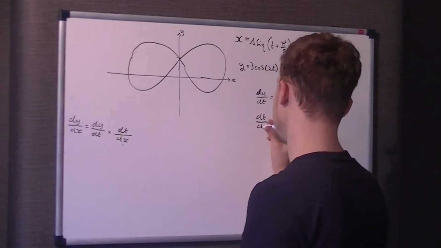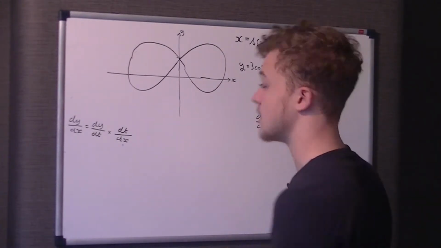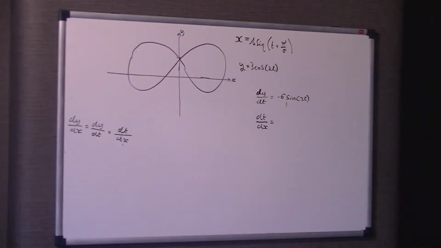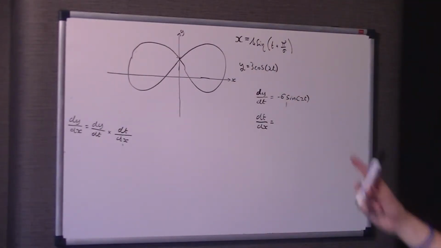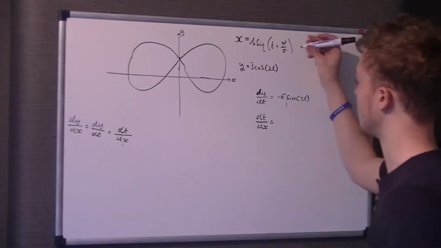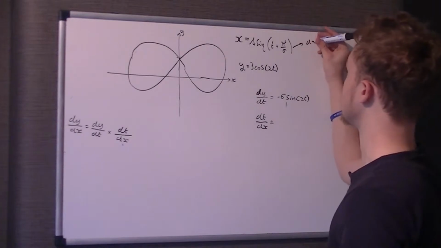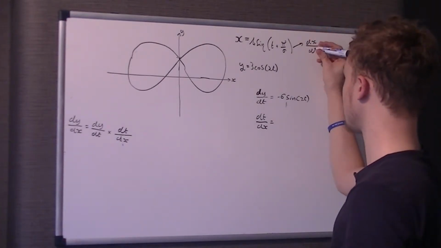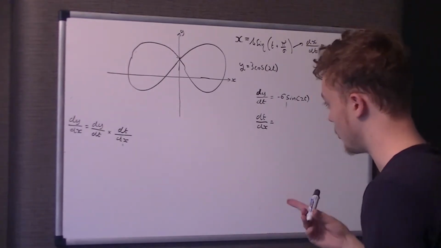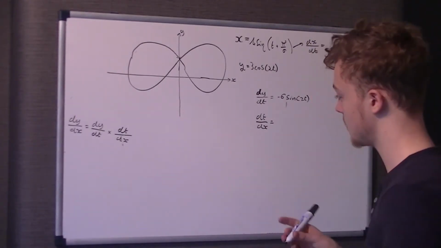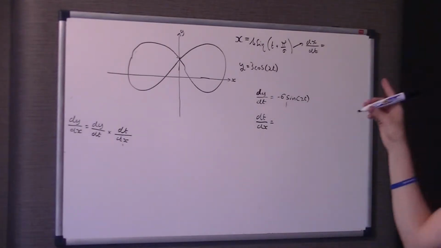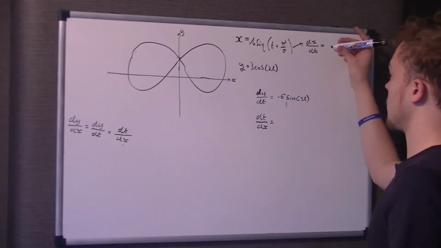Then we work out what dt/dx is. Think about what it's saying: differentiate the t equation with respect to x. But we can't do that because we don't have an equation for t. We've got an equation for x that involves t, so the only thing we could do is dx/dt, but that's not what's required. But you have to remember, 1 over dy/dx is dx/dy, so therefore 1 over dt/dx is dx/dt. So we work out dx/dt first.